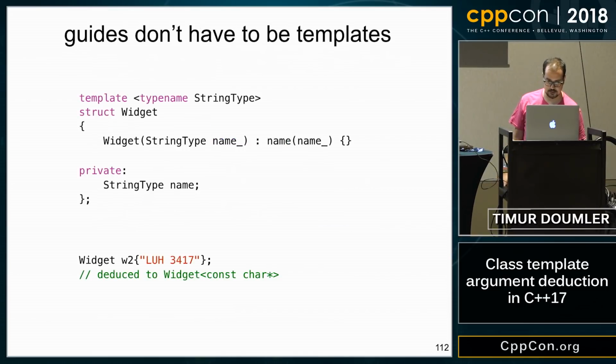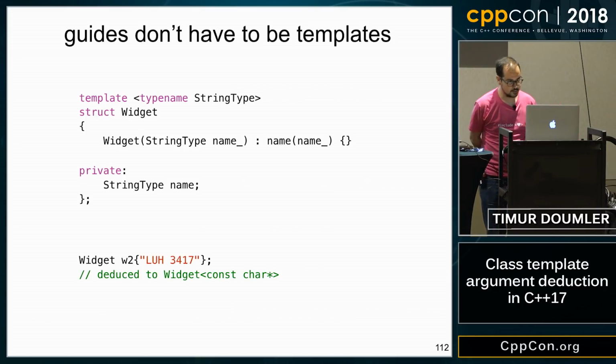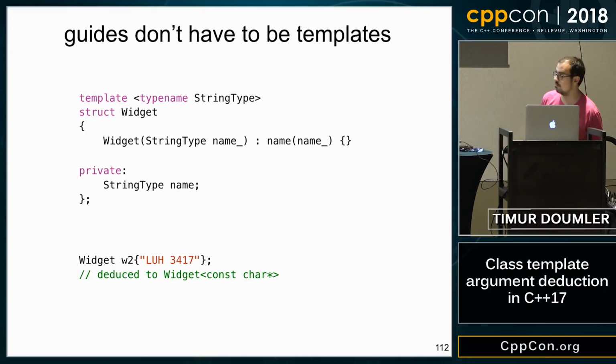Yeah, guides actually don't have to be templates. So let's say you have a templated class, and it has a member of some string type inside, and you want that string type to be a template.